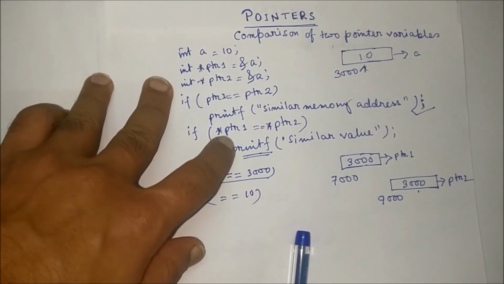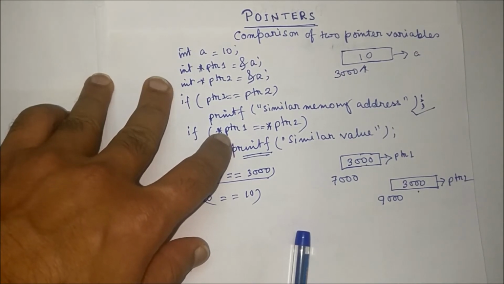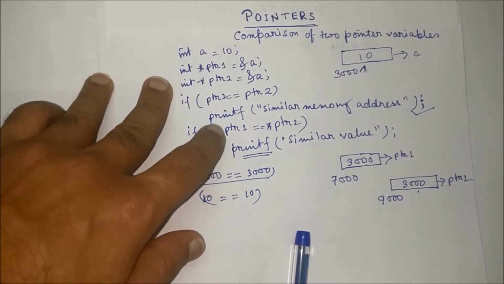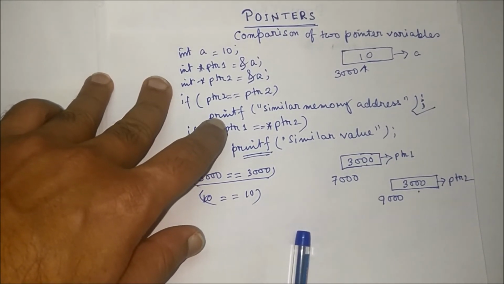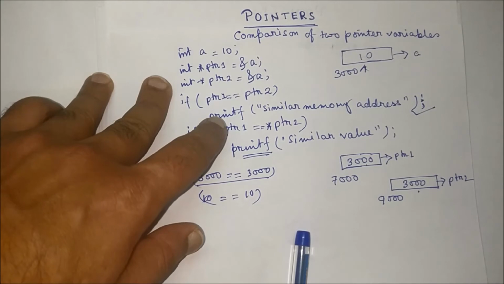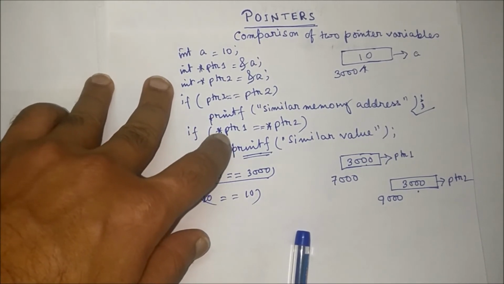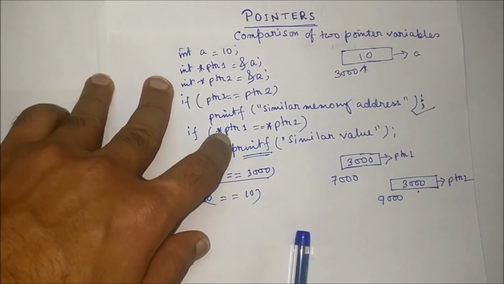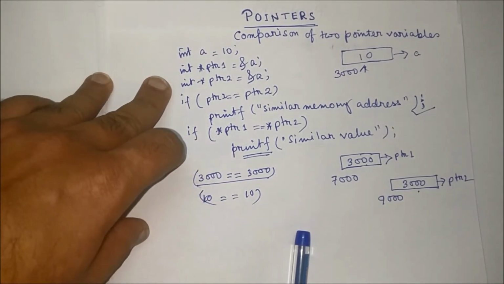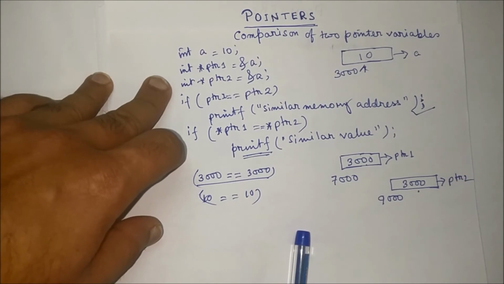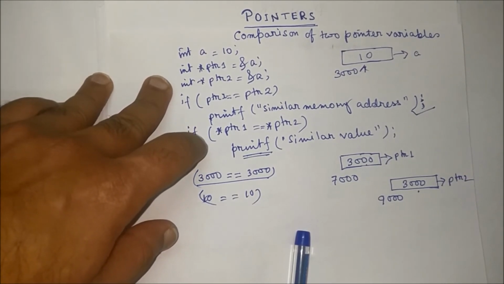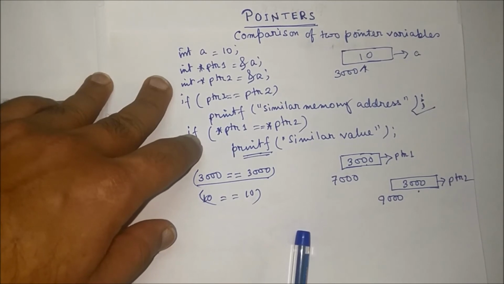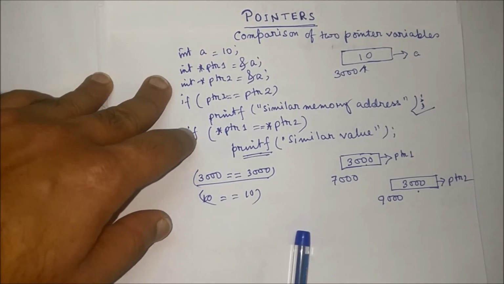And whenever you are comparing with star ptr, it is going to retrieve the value of the variable at the memory location it is pointing to. So here we are comparing the values of the variables that both pointers are pointing to, not the memory addresses. Then both of the values will be compared, and if both values are the same, it will give you the true result, and the next statement will be performed inside the if statement. So this is the way we can do the comparison between two pointer variables.